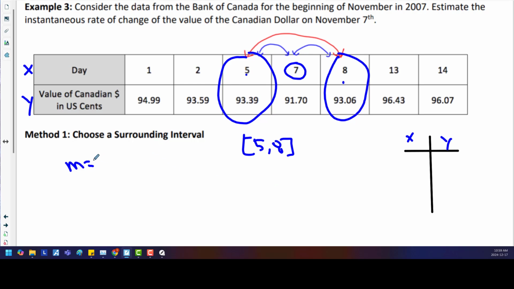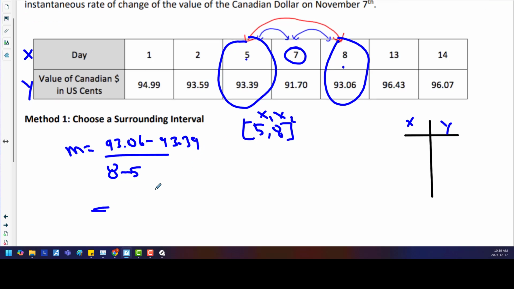All right, so we know slope is y2 minus y1 over x2 minus x1. So this is going to be 8 minus 5 on the bottom here. And the value for 8 is 93.06, and the value for 5 is 93.39.